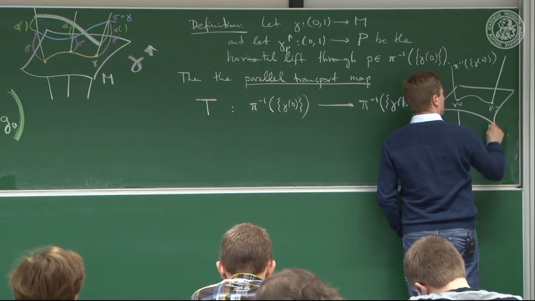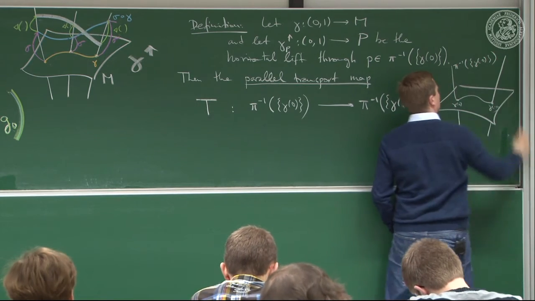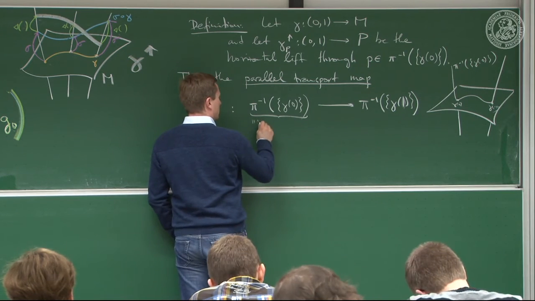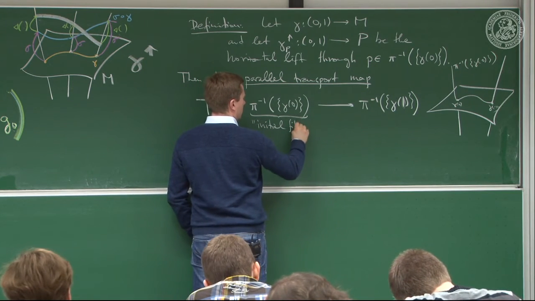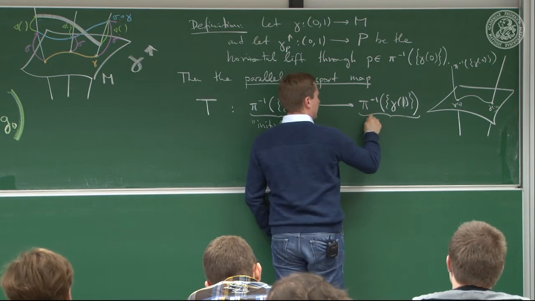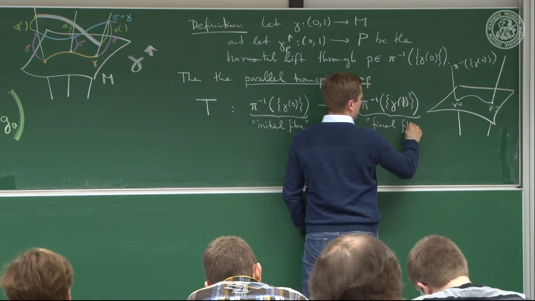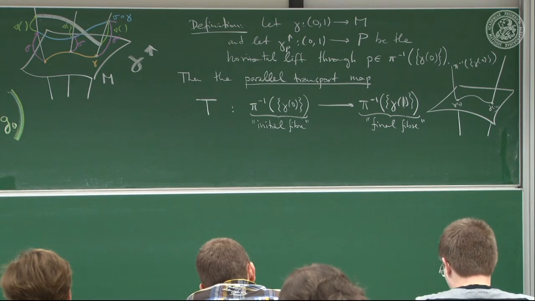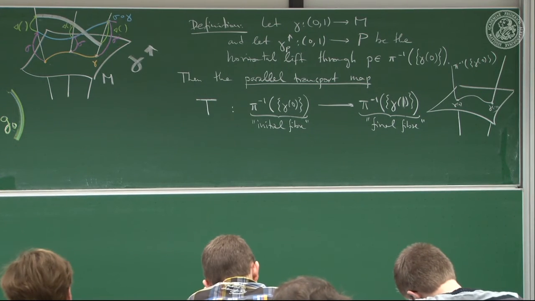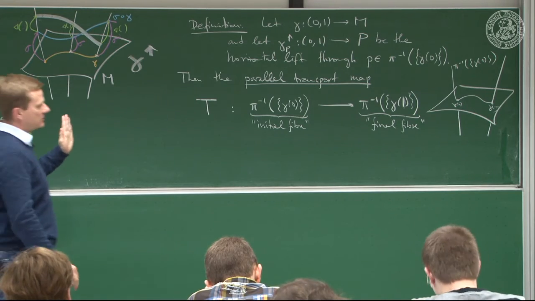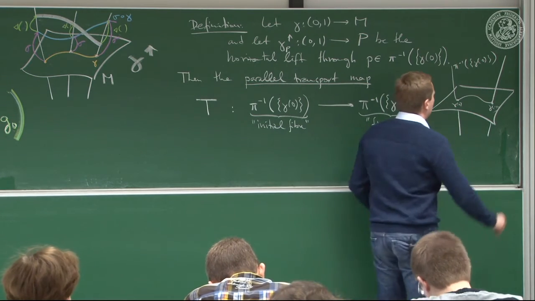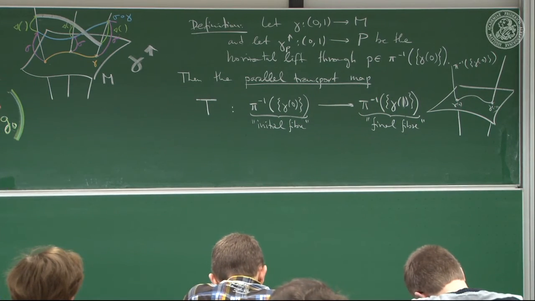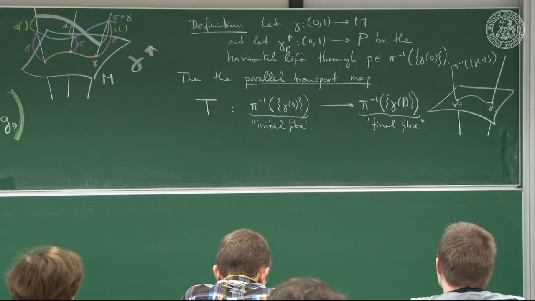So this is the fiber here, right? Okay, so let me call this the initial fiber. Let me call this the final fiber. So this is really a map between some finitely separated fibers. Okay, it's not something differential. It goes from one fiber to a fiber that may lie far away, but which is connected by a given curve lambda.